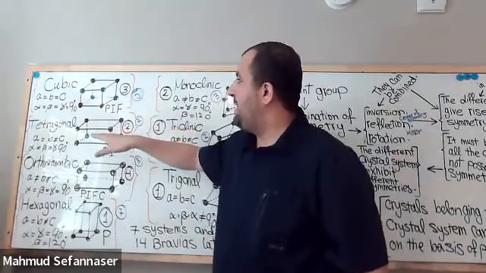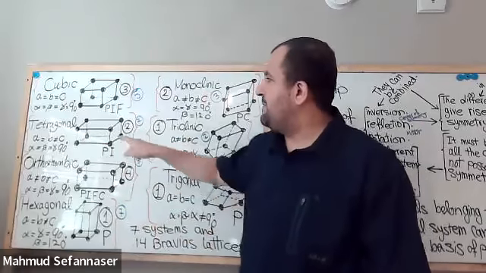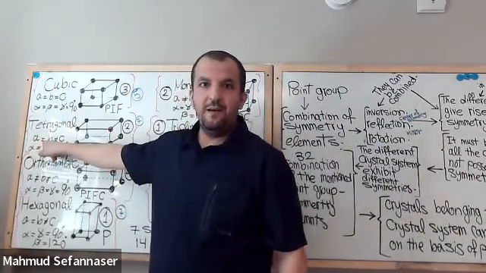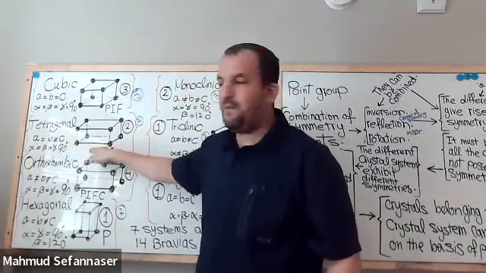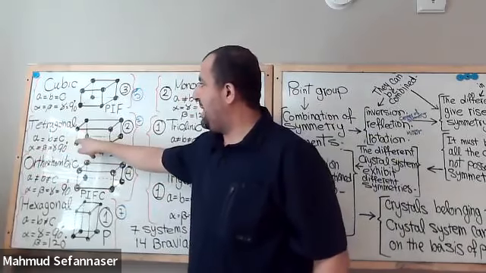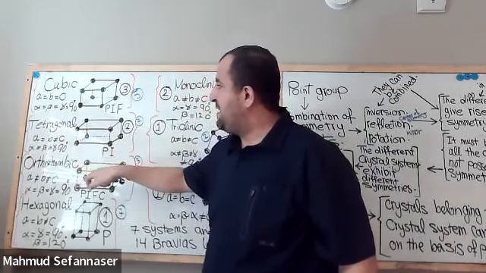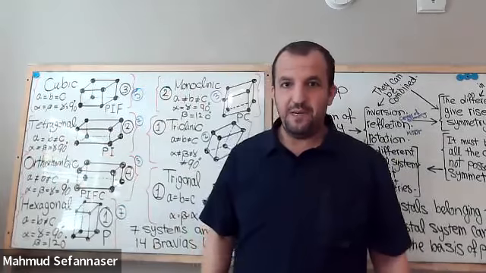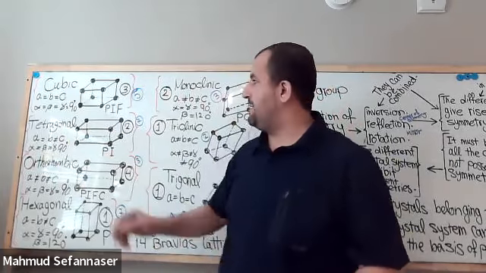When we come to the tetragonal, you can see that a and b are equal, but they are not equal to c. So c has a different length, but a and b are equal. We still have alpha, beta, gamma equal to 90 degrees, the angles between the axes, as I mentioned.